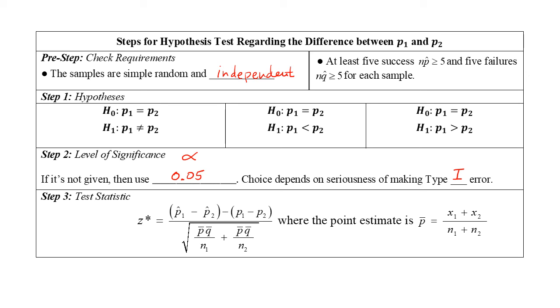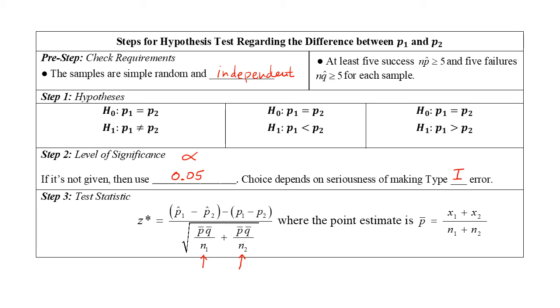The values that we're using below here, N1 would be the sample size of the first sample, and N2 would be the sample size of our second sample. The sample that gave us P1 hat would be N1, and the sample size that gave us P2 hat would be N2.